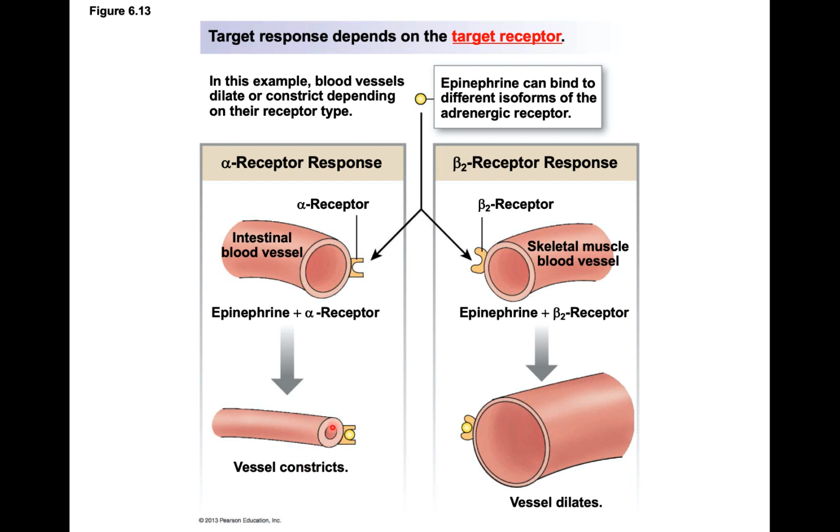It detours the blood from here to places where you do need it, like your skeletal muscle. So when epinephrine binds to beta receptors on skeletal muscle, it causes the blood vessel on the skeletal muscle to dilate to allow more blood to go to that region. So it's always a matter of not just the type of signaling molecule you release, but also the type of receptor it binds to.